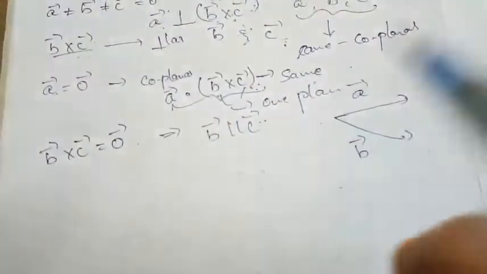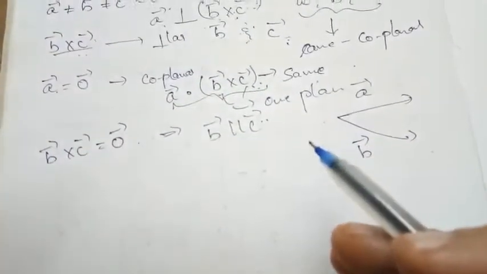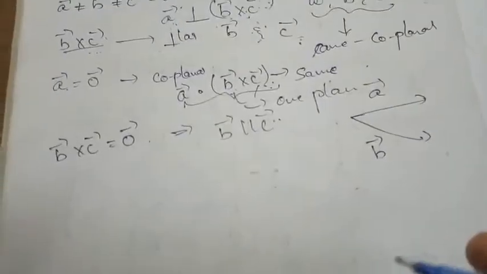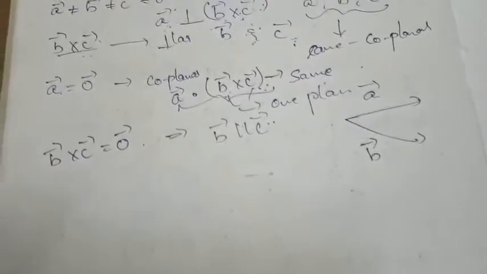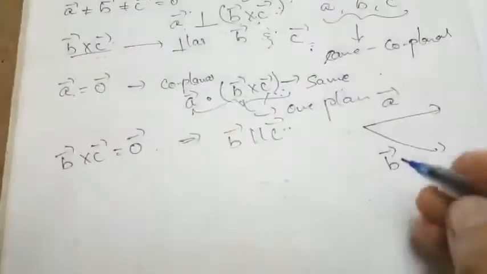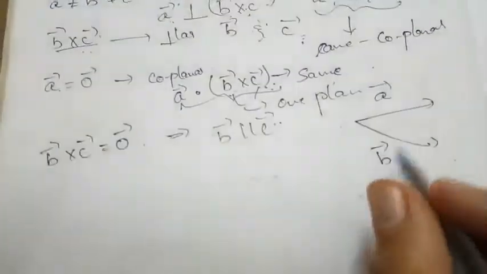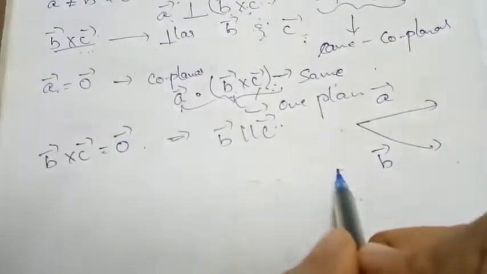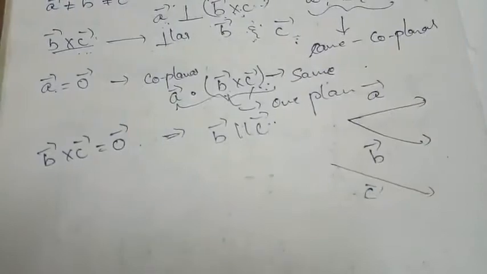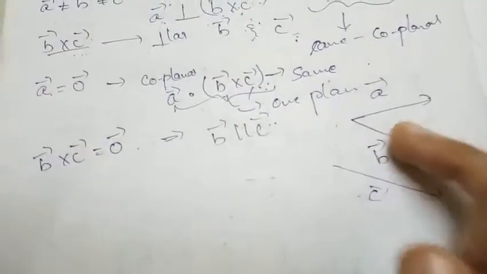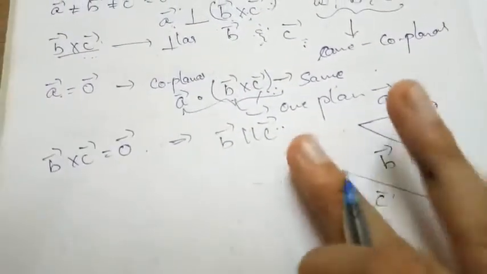If I need to draw any vector which is parallel to any one of these two vectors, then that vector should lie in that same plane itself. Because if I am drawing some vector like this which is parallel to vector B, then that vector should be lying in the same plane, that is book itself.